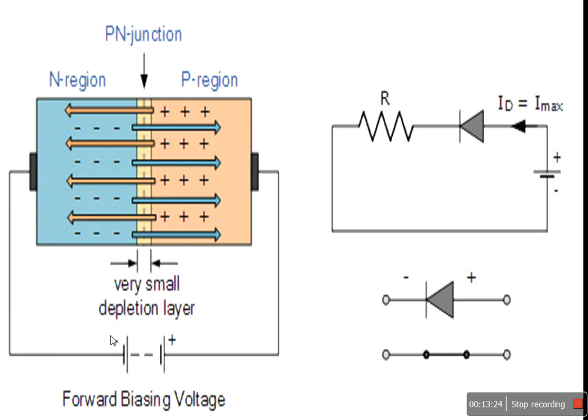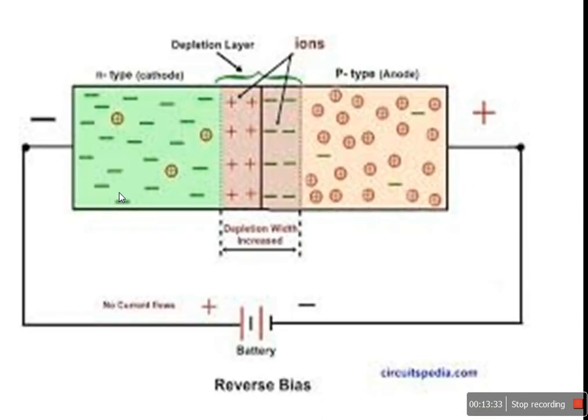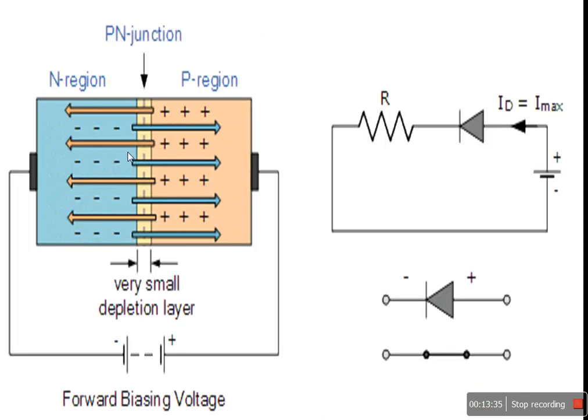So when you apply the maximum voltage, such that the depletion region voltage, or the barrier potential, becomes 0, at that point the maximum current will flow through the device.